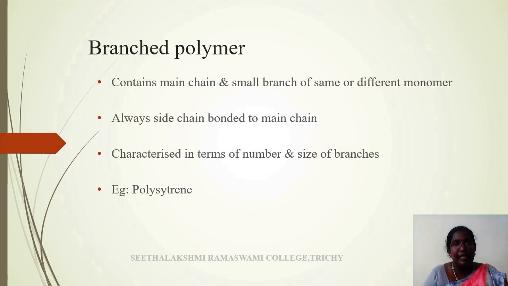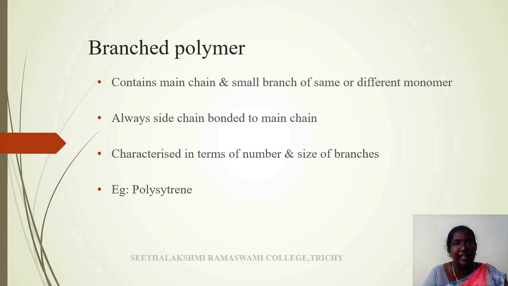The second type based on line structure is the branched polymer. A branched polymer contains a main chain and small branches of the same or a different monomer. The side chain is always bonded to the main chain, so there will always be a main chain; no branched polymer exists without a main chain.